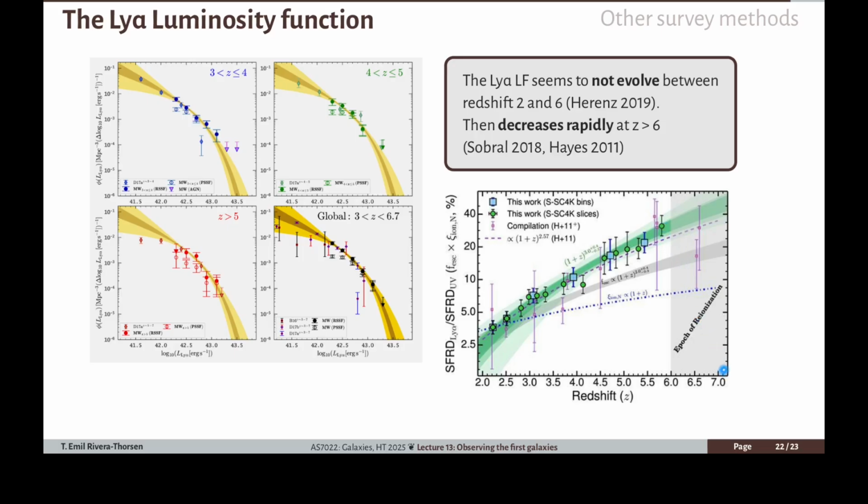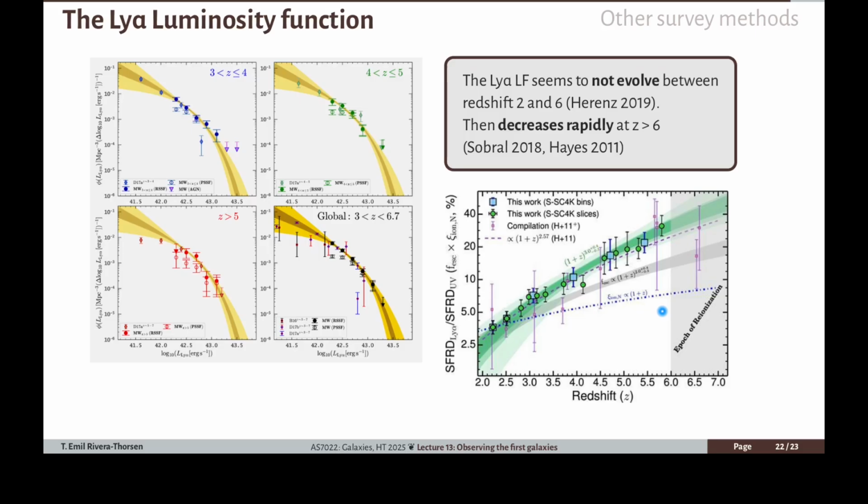And again, this is basically how we could pinpoint the so-called end of the epoch of reionization. This is when the universe became transparent to Lyman alpha. This is officially where the epoch of reionization ended.